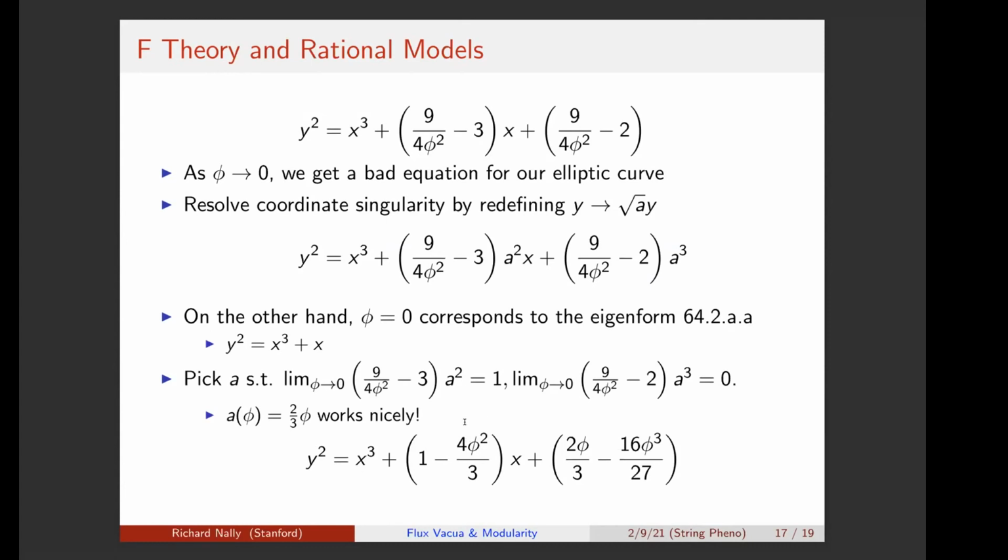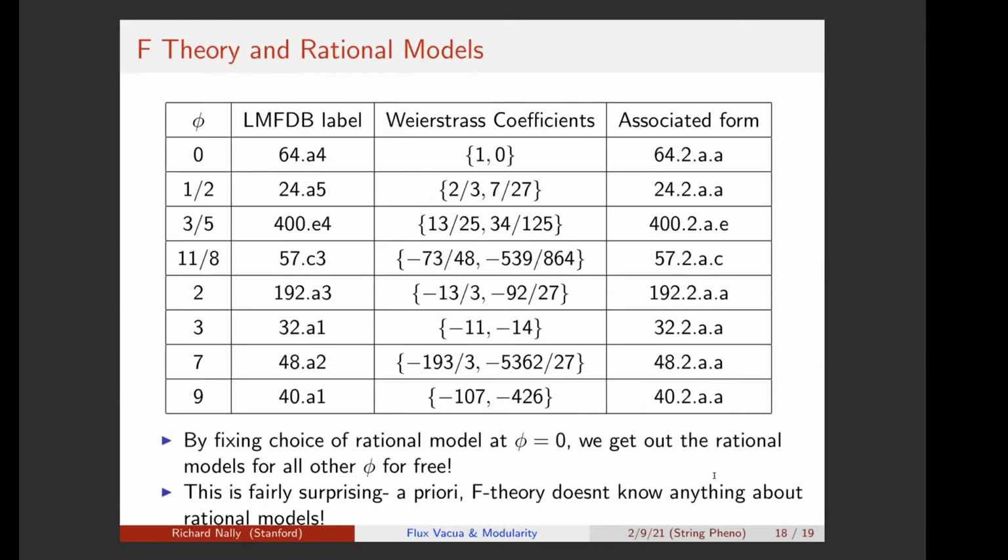In the limit as phi goes to 0, it reproduces the modular form associated to the threefold. But it's actually even better. By fixing this choice of rational model at phi equals 0, we get a rational model for all other rational phi, and for all phi, you can check the modular form associated to this elliptic curve is the same as the modular form associated to the threefold.